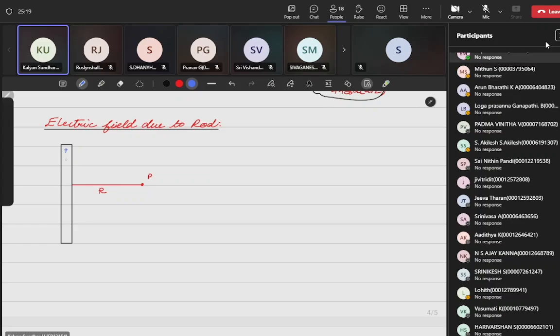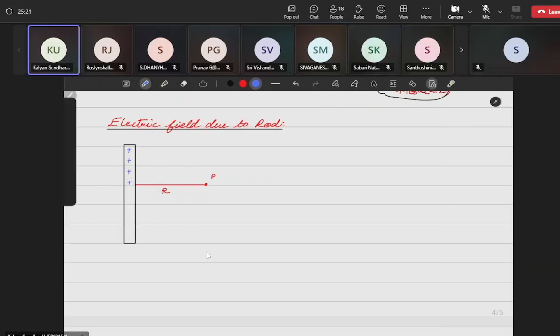And this is a rod which has been positively charged linearly. Let this length be L, and the total charge distributed in this rod be Q. Right?